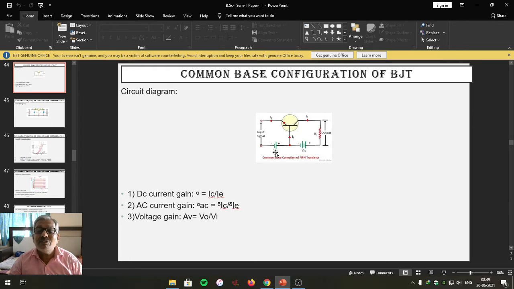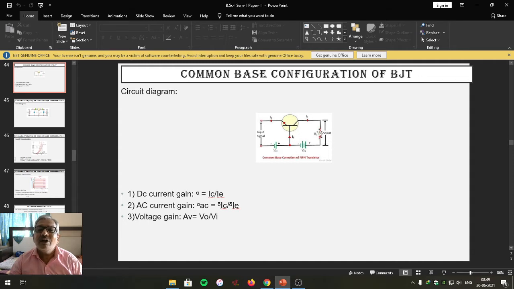Along with the input junction being forward biased, some input signal is applied for the amplification. Due to this input signal, small change in emitter current produces the large change in collector current. This large change in collector current passes through the load resistance so as to develop the output voltage.